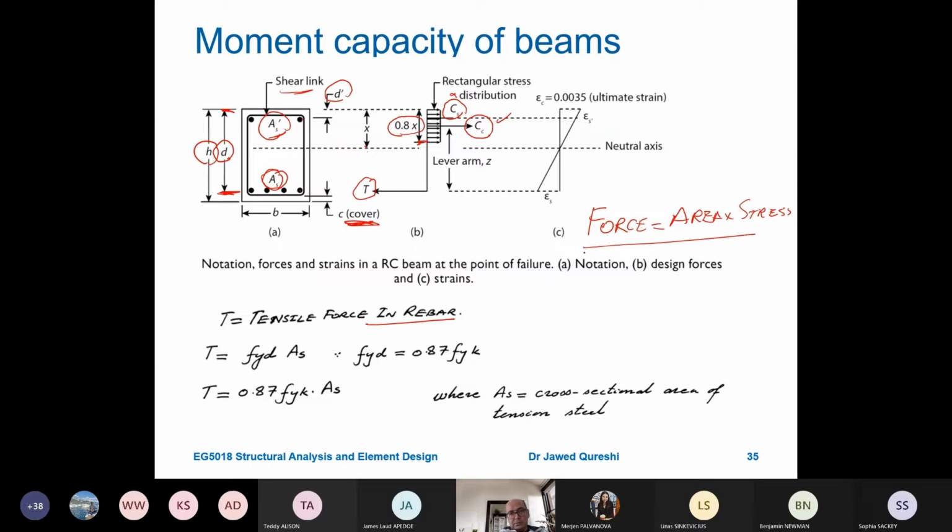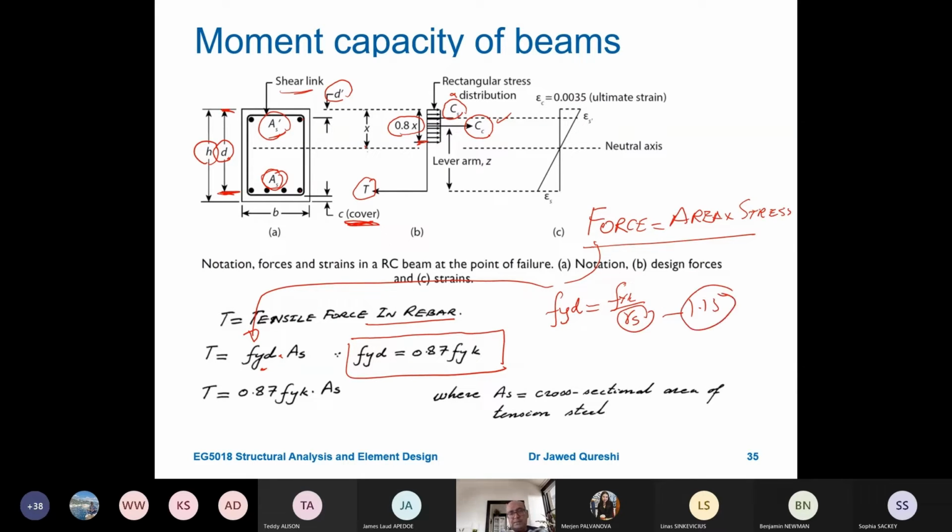So if I use this logic, then the force in tension is going to be fyd, which is the yield strength, times the area of steel, where fyd is equal to 0.87 fyk. The reason is that fyd is the design yield strength. Design yield strength is equal to fyk over gamma S, where gamma S is equal to 1.15. I explained this a little earlier.